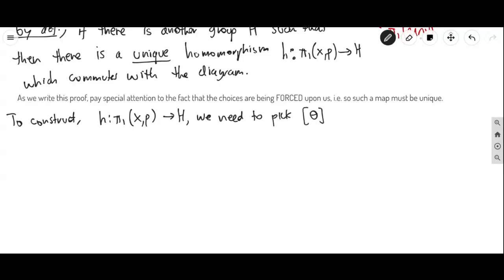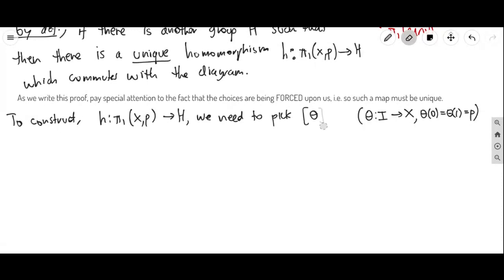So theta is going to be a loop, okay? So theta is a mapping from the closed unit interval into X, because that's the definition of a loop. It's a mapping from the closed unit interval into X, and the value of it at the endpoints are equal to that point P. That's just the definition of a loop.